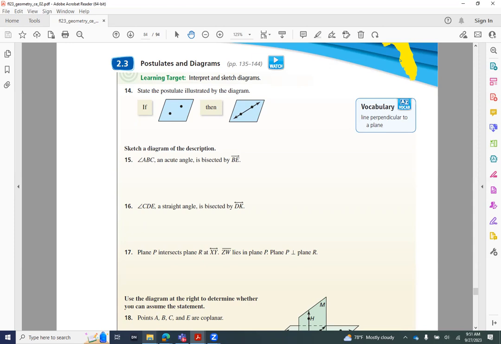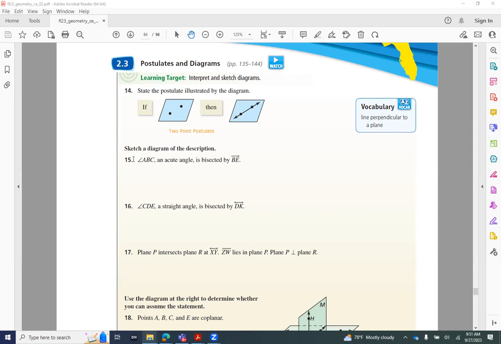I am talking about two things here: 2 points, and a line going through those 2 points. So the name of this one is the 2-point postulate, and that's it. Again, some of these names are fairly straightforward. So for this one, it is simply the 2-point postulate.